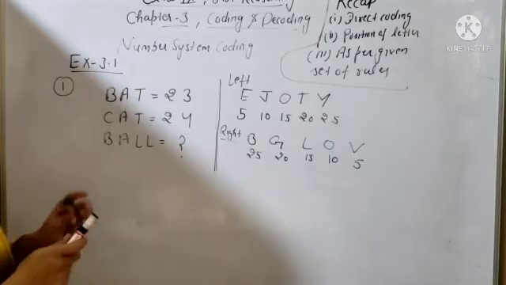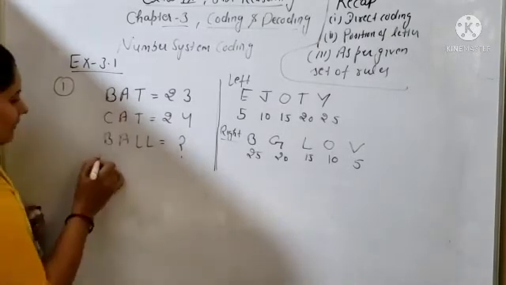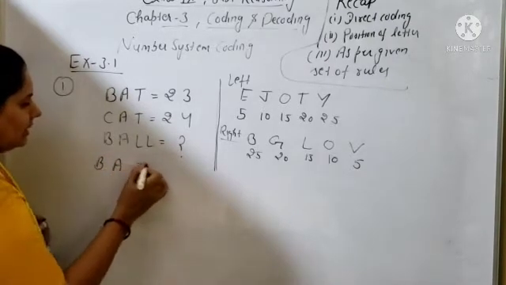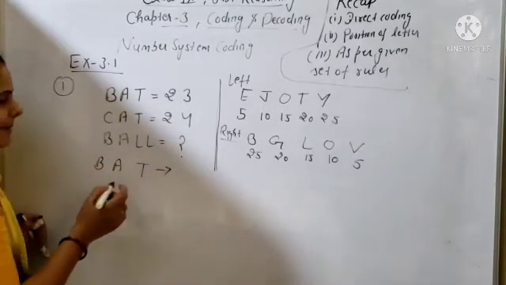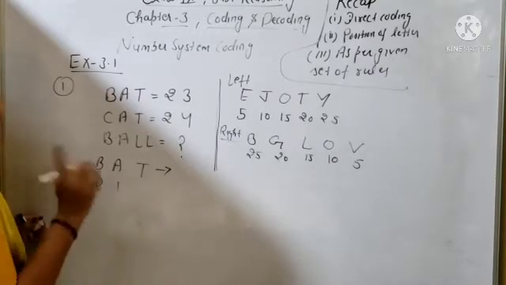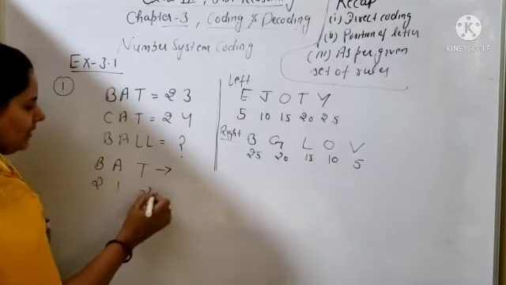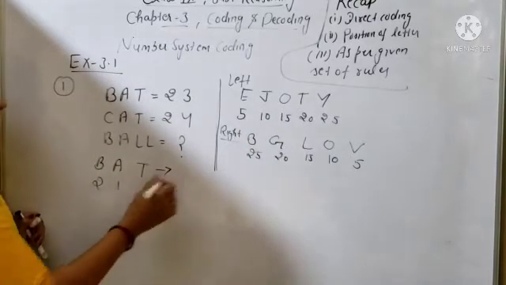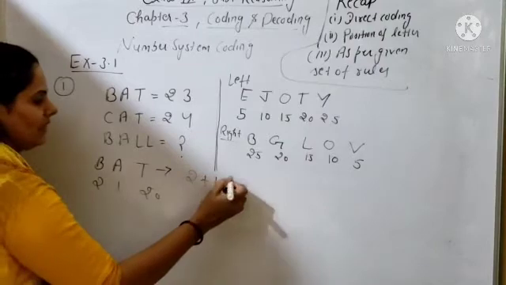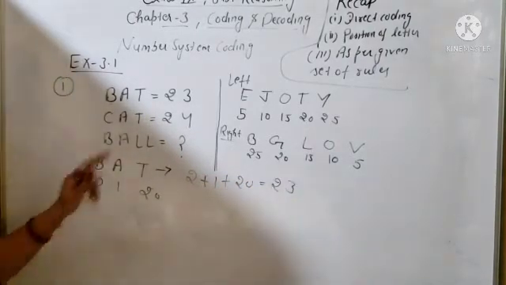Clear? Now we will check how we are getting BAT and CAT. According to the English alphabet, B will be at the second position, A at the first position, and T at the 20th position. So add them: 2 plus 1 plus 20, you will get 23. Clear?